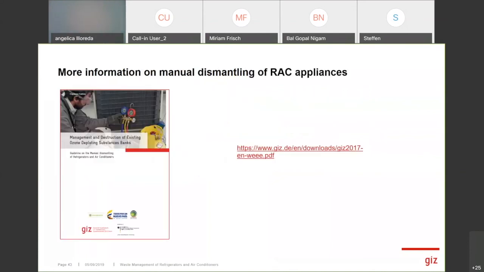End of life treatment. More information on manual dismantling of refrigeration and air conditioning appliances can be obtained with our public management and destruction of existing ozone depleting substances banks. And this is on the homepage, on the webpage from GIZ.